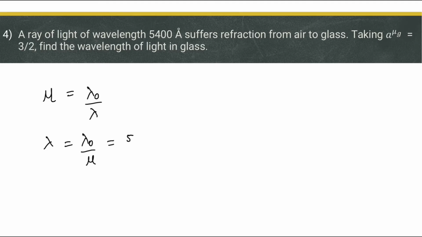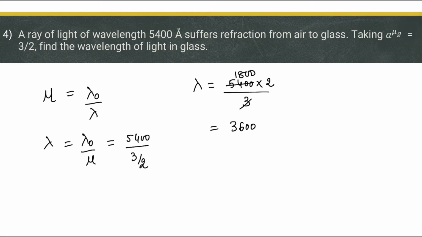Lambda 0 is 5400 upon 3 by 2. So lambda is equal to 5400 times 2 upon 3. That is 1800, 3s are 5400, and 1800 into 2 is 3600 angstrom is the wavelength.